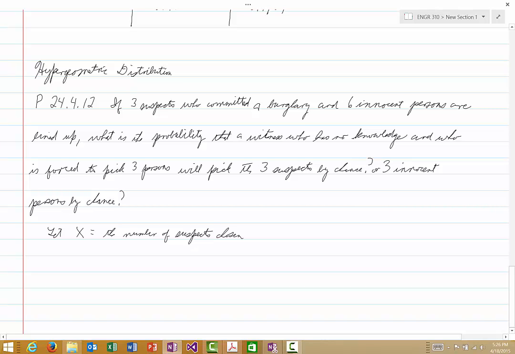The witness is choosing 3 people, and there are 3 suspects and 6 innocent people, and so x represents out of those 3 that the witness chooses, the number that are suspects. And since there are exactly 3 suspects in the lineup, and the witness is choosing 3 people, the possible values are 0, 1, 2, or 3.